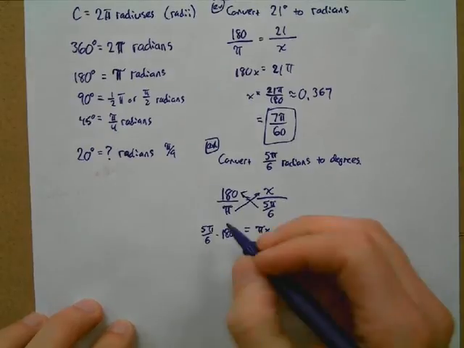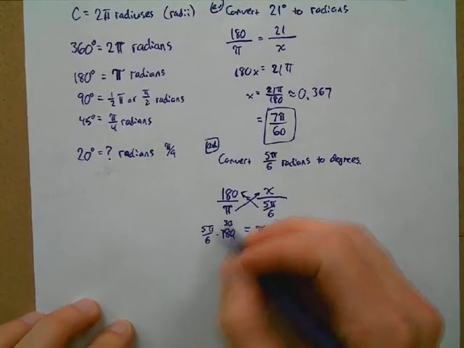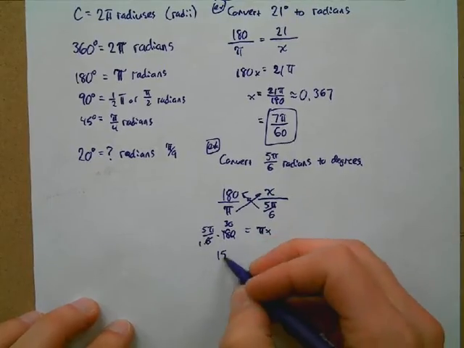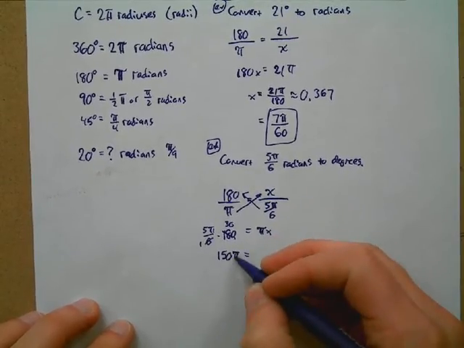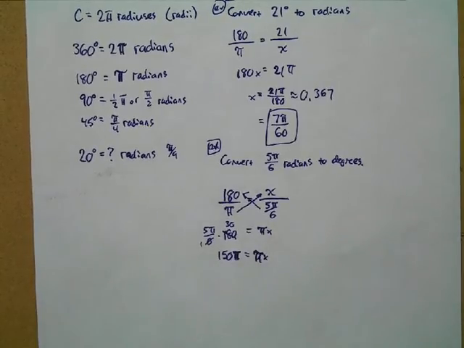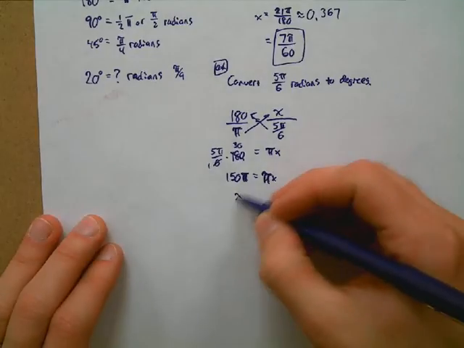So it's 5 times 30, which is 150 pi, equals pi x. So you can simplify some before you multiply. And then we can divide both sides by pi, and so x is 150 degrees.